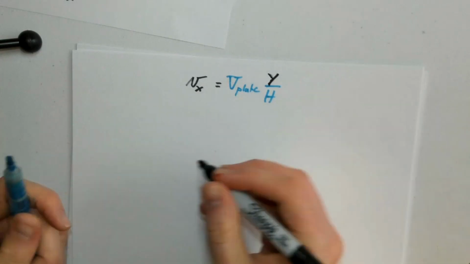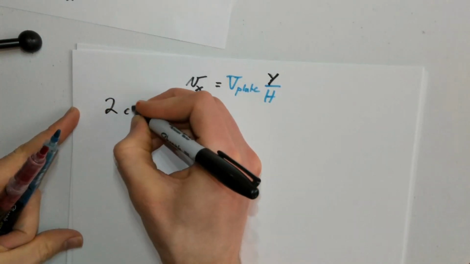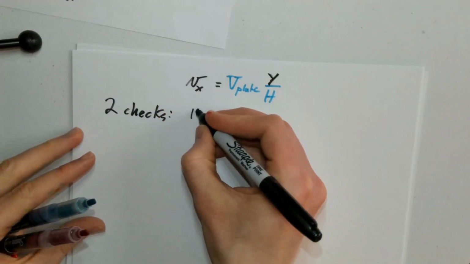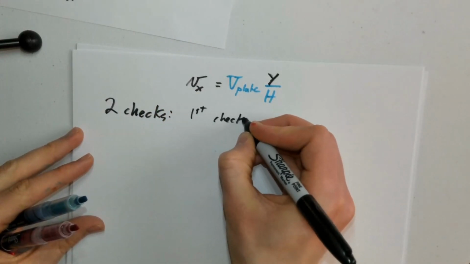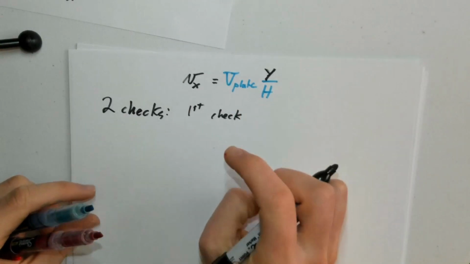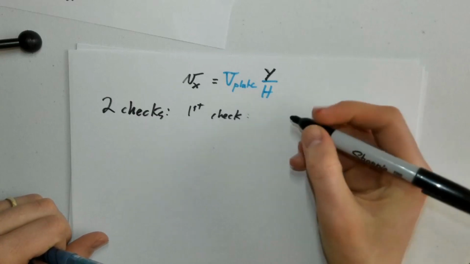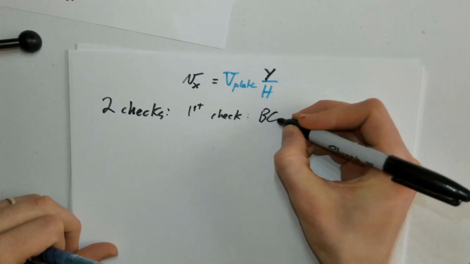There are two checks that I like to do for almost all of these problems. The first check is just to make sure that this indeed does satisfy our boundary conditions.